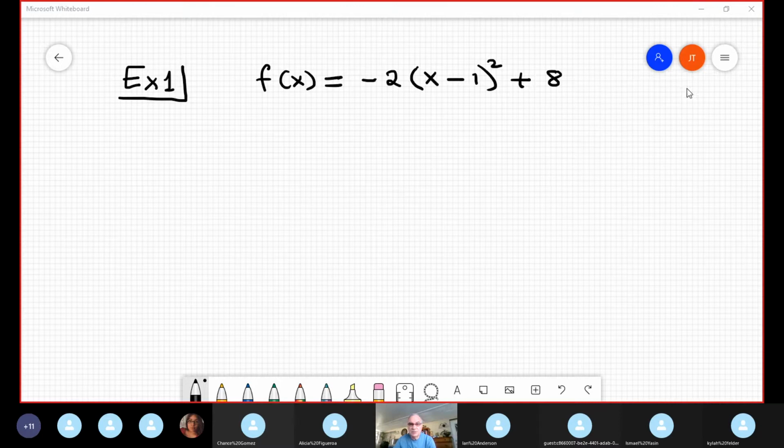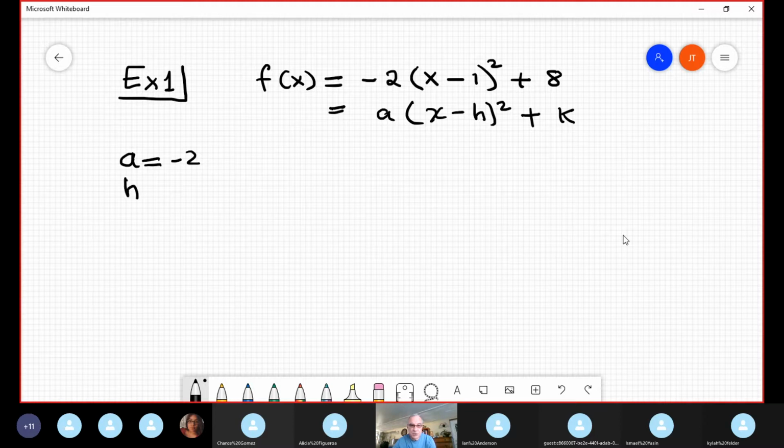Immediately you recognize vertex form looks like a times (x minus h) squared plus k. Obviously a is negative. Compare both. Obviously h is equal to 1, because inside the parentheses we have a minus.